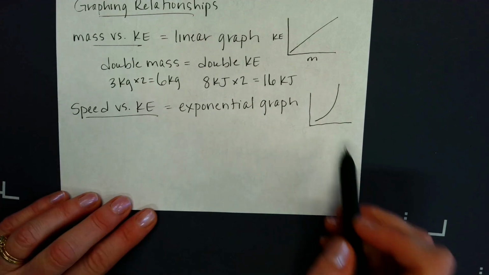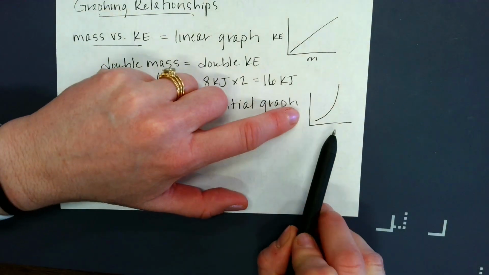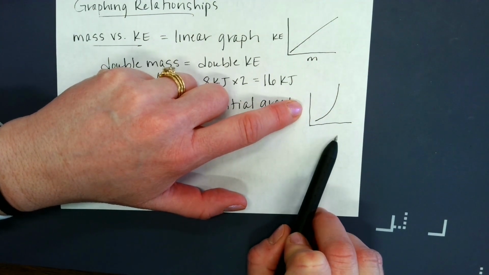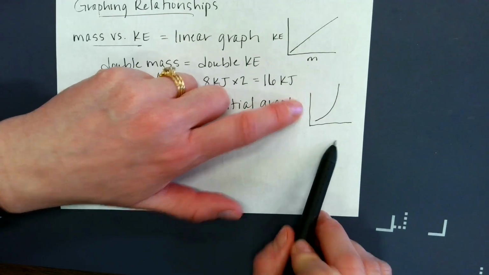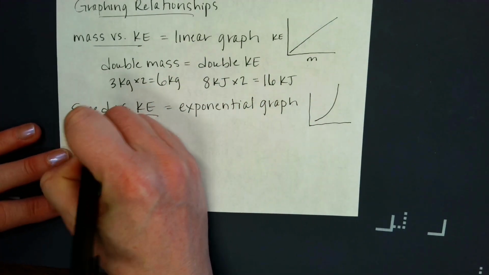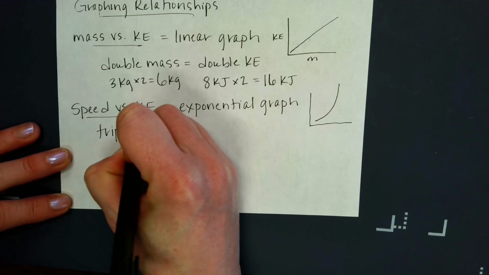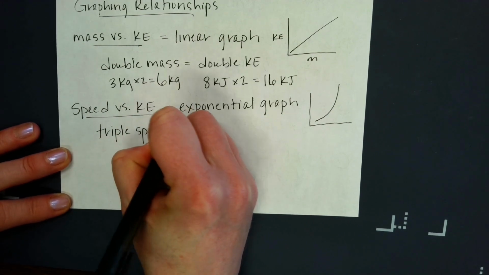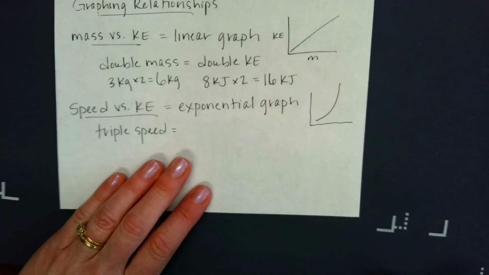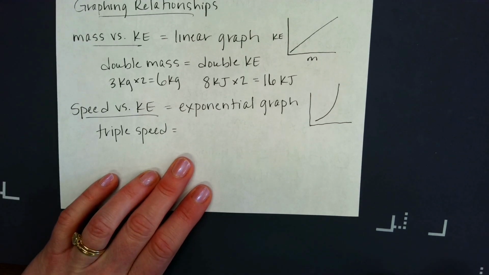Okay, so now instead of both variables doing the same thing, it's exponential now. Okay, so if I triple my speed, let's say, what happens to my kinetic energy? Goes to the power of 3.